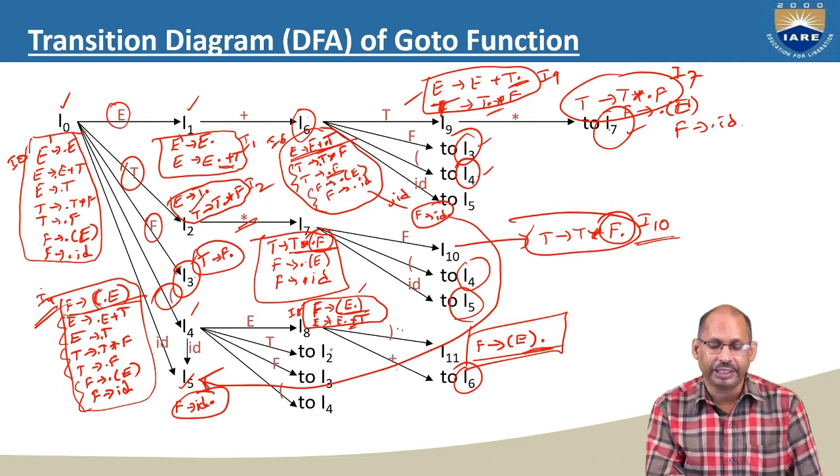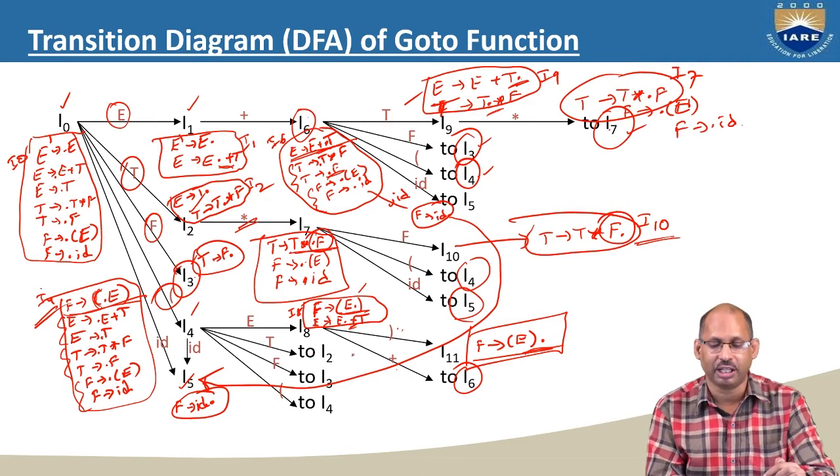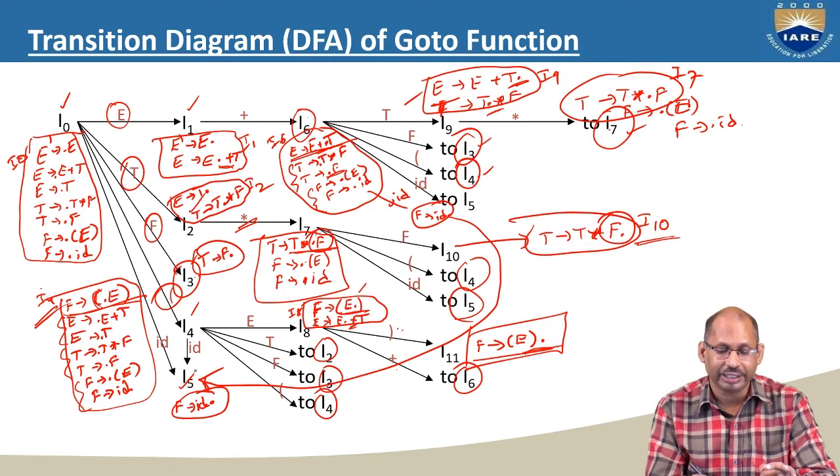Then I4 on T gets the same set I2, on F the same set I3, on the left parenthesis the same set I4, and on ID it is I5.